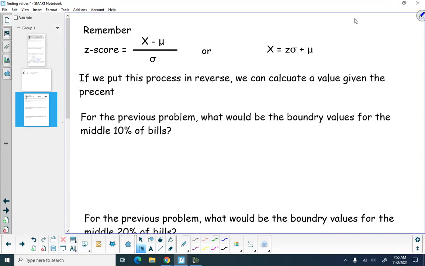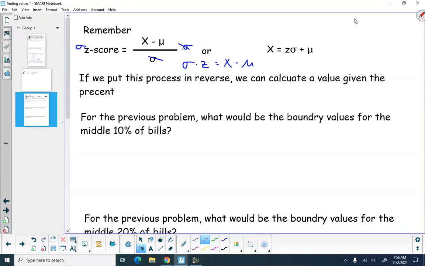Our Z-score is calculated by value minus mean divided by standard deviation. If we multiply both sides, do some algebraic skills, by our standard deviation, that will cancel these out here. So what we're left with is our standard deviation times our Z-score is equal to our value minus our mean.